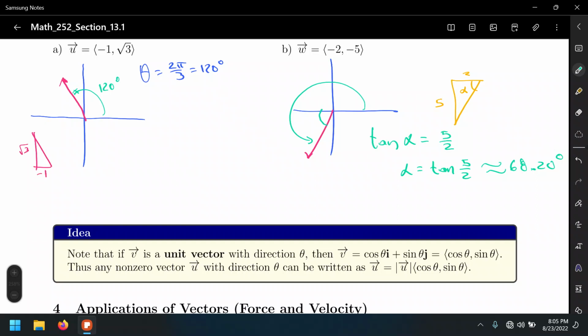The angle that we want to find, theta, is 180 degrees plus this little portion alpha. In this case, 180 degrees plus alpha, which is 68.20 degrees, adds up to 248.20 degrees. That's where we need to be very careful of where we are in the quadrants.